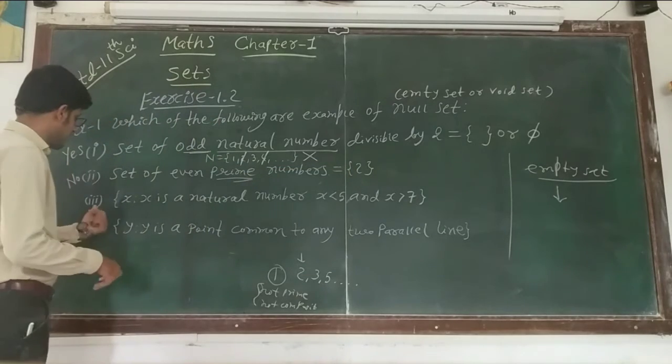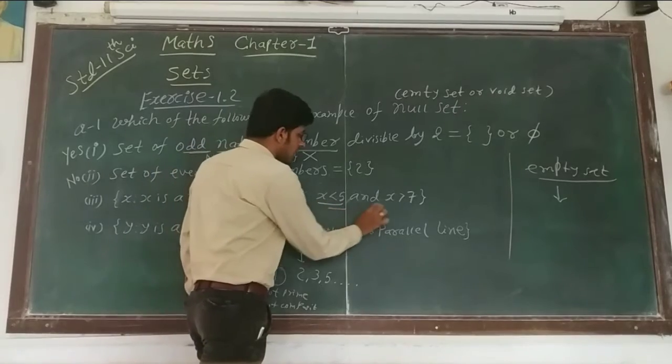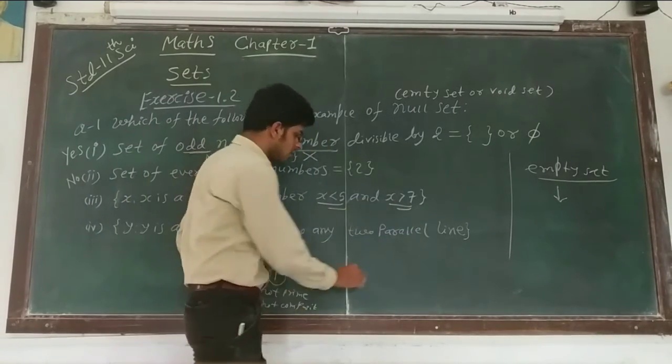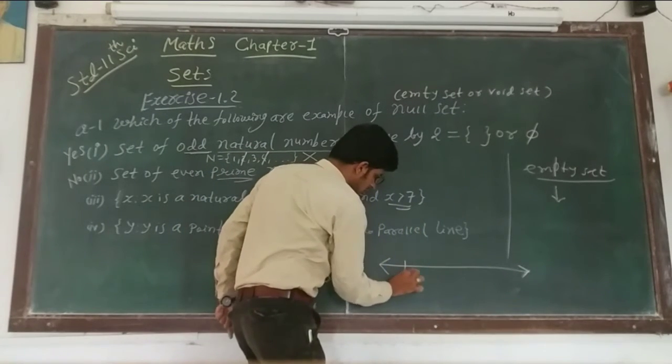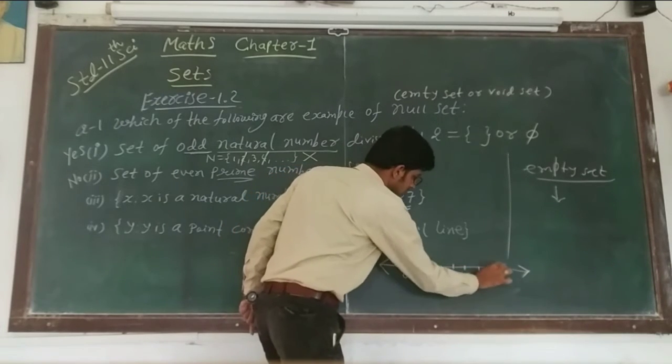Next, the set of x such that x is a natural number, x less than 5 and x greater than 7. So we will understand by taking a number line: 0, 1, 2, 3, 4, 5, 6, 7.